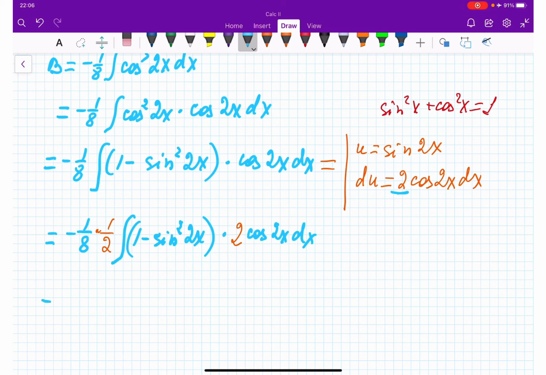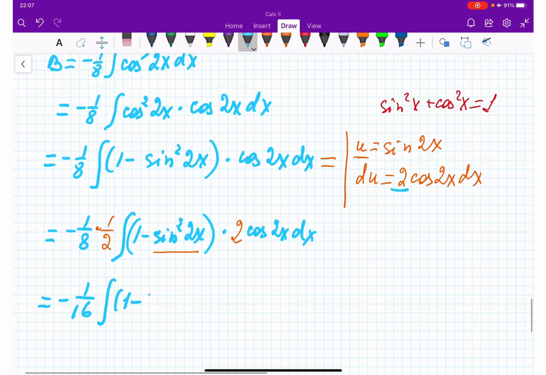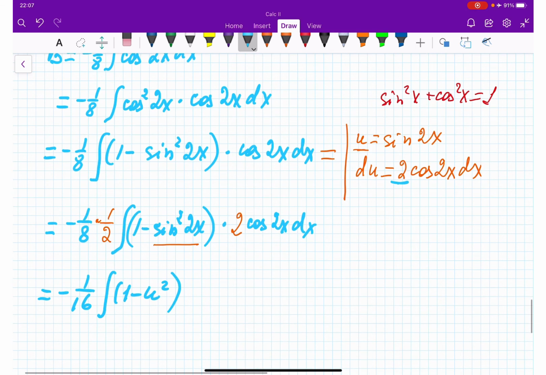And we are getting negative 1 over 16 and sine 2x, I am substituting with u. It's going to be 1 minus u squared du, because 2 cosine 2x dx is my du, right?